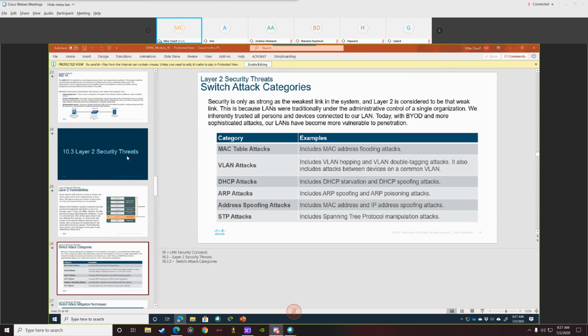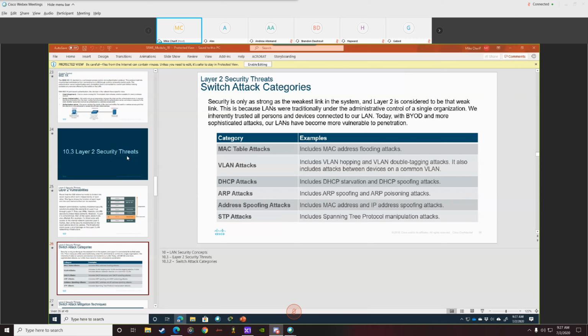One of them is MAC table attacks, where a hacker or a threat actor sends a massive amount of MAC addresses.